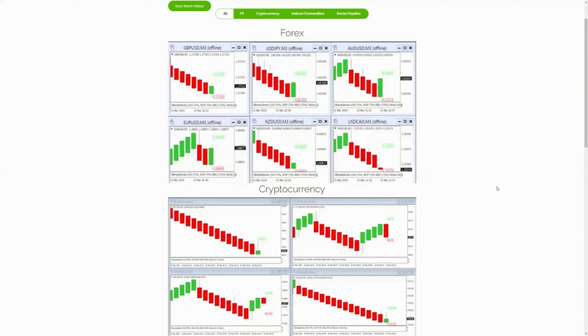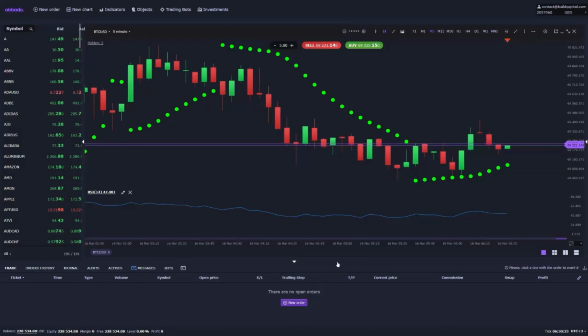That's the good thing about trading, where you can control your risk regardless of how much you have in the account. So let's go over to my account here. You can see that my balance is around $228,000 in this account, but all of my trades are less than 1%.